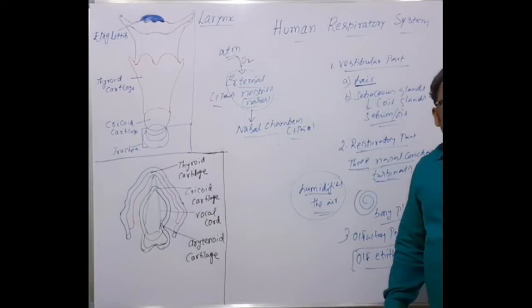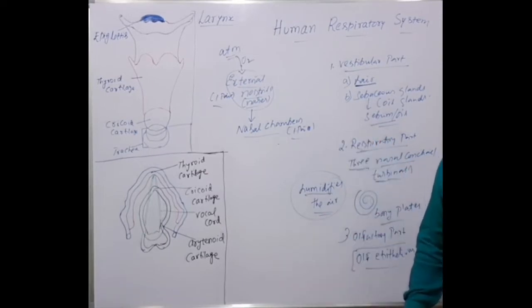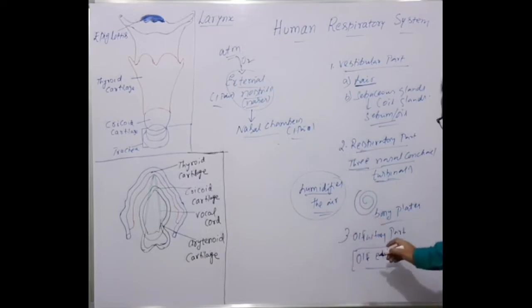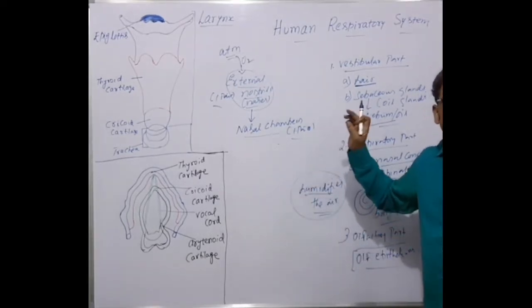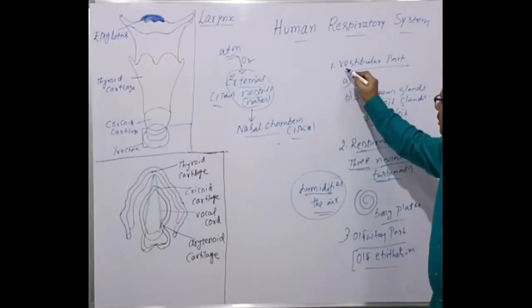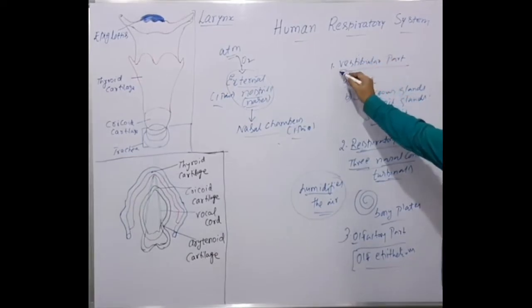And the olfactory nerve, the first cranial nerve, goes to the brain. So the nose is also serving as an olfactory organ, one of the sense organs of the human body, because of the olfactory epithelium of the olfactory part of the nasal chamber. So VRO: each nasal chamber contains these three parts.